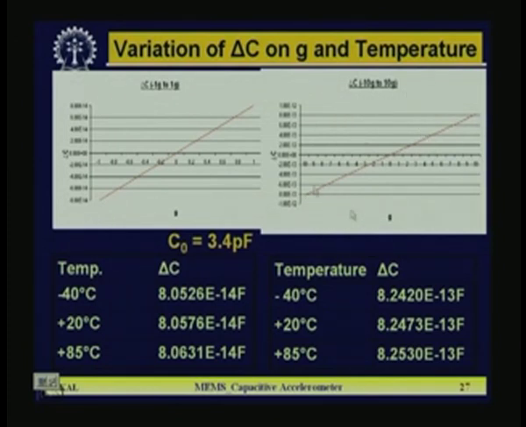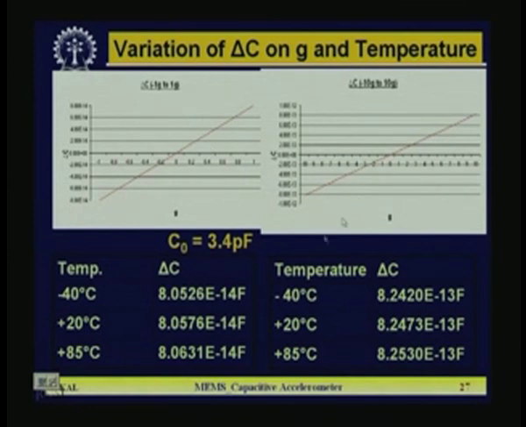These are simulated values, and there we got these relations. With those relations, for the regular structure, we got delta C values of the order of 8.24 into 10 to the -13 for 10G, and 8.05 into 10 to the -14 farad in the case of 1G.